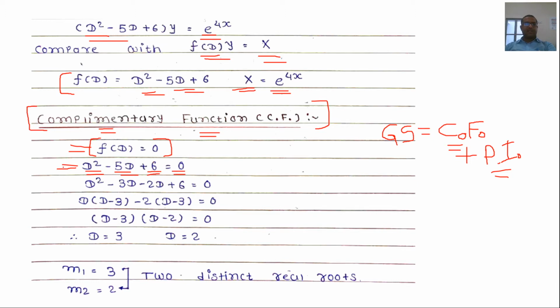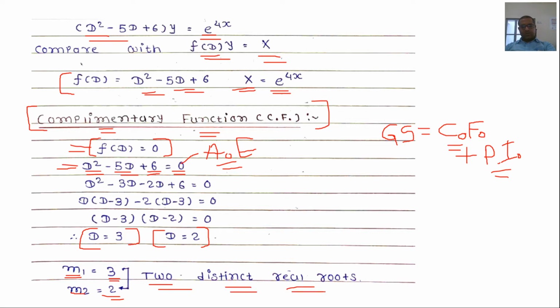This is an auxiliary equation that we discussed in the theory of homogeneous differential equations. By factorizing this, you will get D is equal to 3 and D is equal to 2. Let us suppose m1 is equal to 3 and m2 is equal to 2.